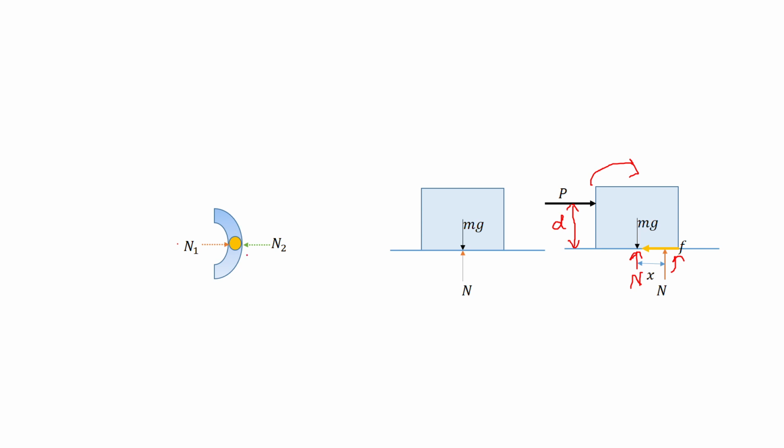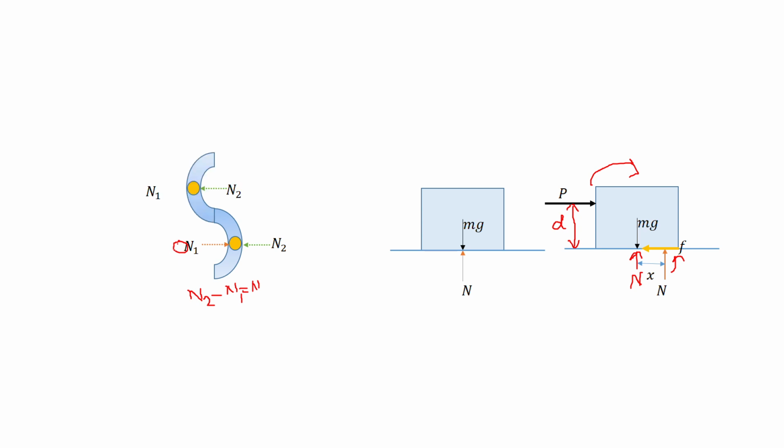So the net normal reaction, that is N2 minus N1, should be positive. If I am writing it as N, then this N should be in leftward direction to provide the necessary centripetal acceleration towards this center O.